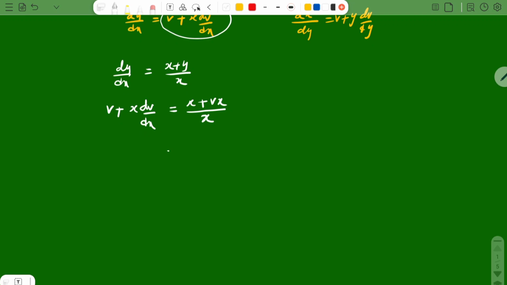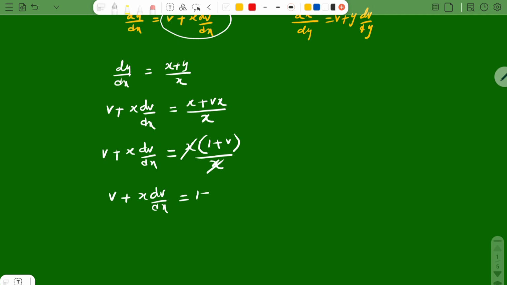Therefore in the numerator, x can be taken out, so what is there? (1 plus v) divided by x. In the left hand side, v plus x into dv by dx. So the numerator and denominator x cancel. So what is still pending? We got v plus x into dv by dx, which is equal to 1 plus v.